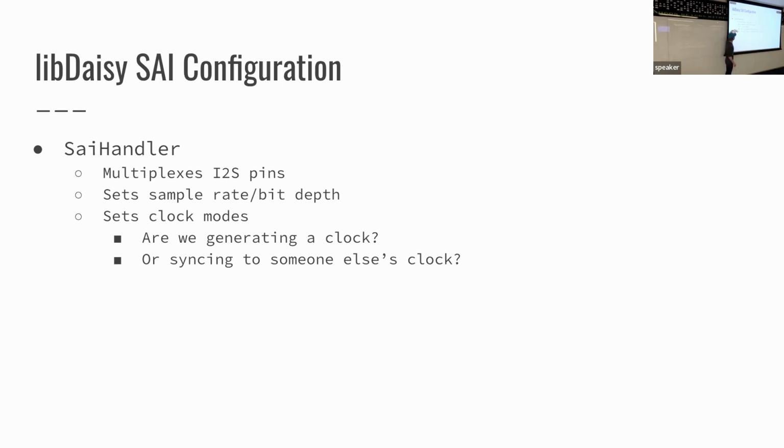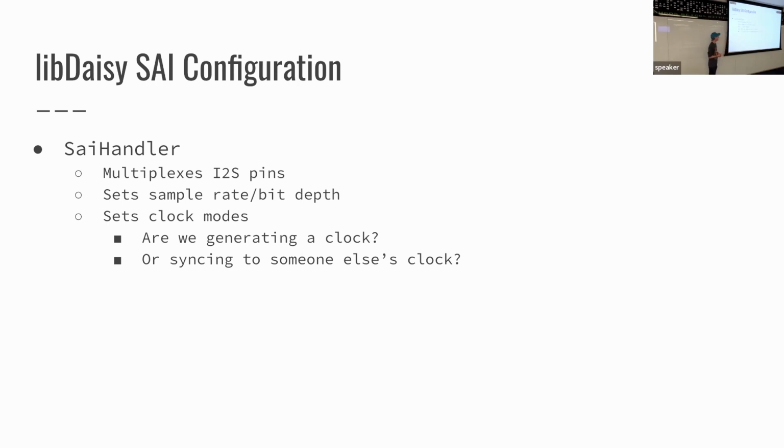And then the main thing that can really mess you up, I think, is the clock mode, because the synchronization for the audio data that you're getting or sending is either set by another device, or if you are the controlling device, you want to output a clock. And since there's only one wire for receiving or sending a clock, you need to set that mode right.